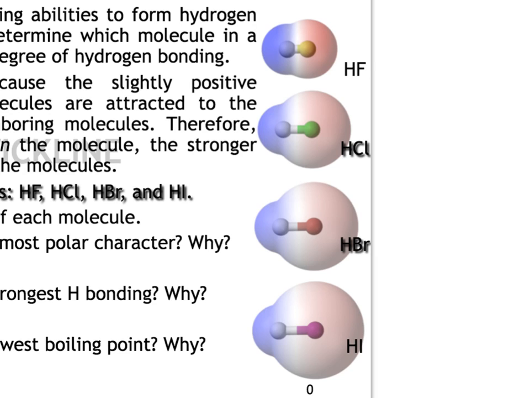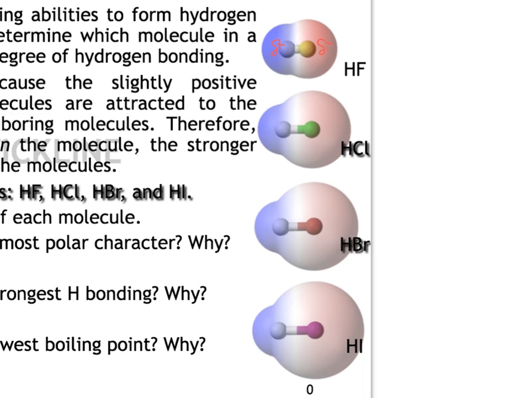So if you had one here and another one here, you would get the strongest hydrogen bonding in this molecule, and the reason is that it has the largest electronegativity difference between the hydrogen atom, which is the slight positive pole, and the fluorine atom, which is the slight negative pole.